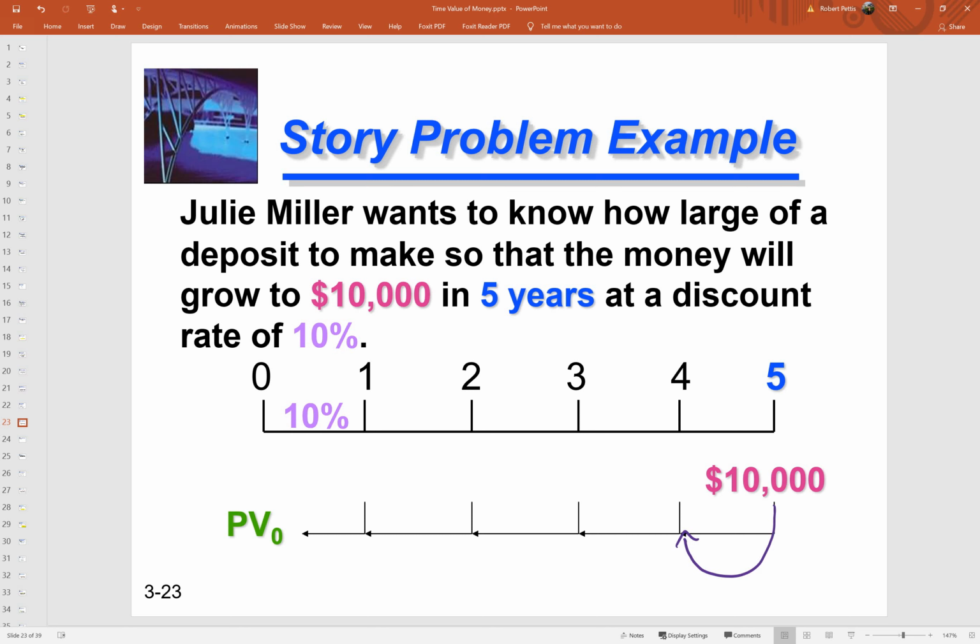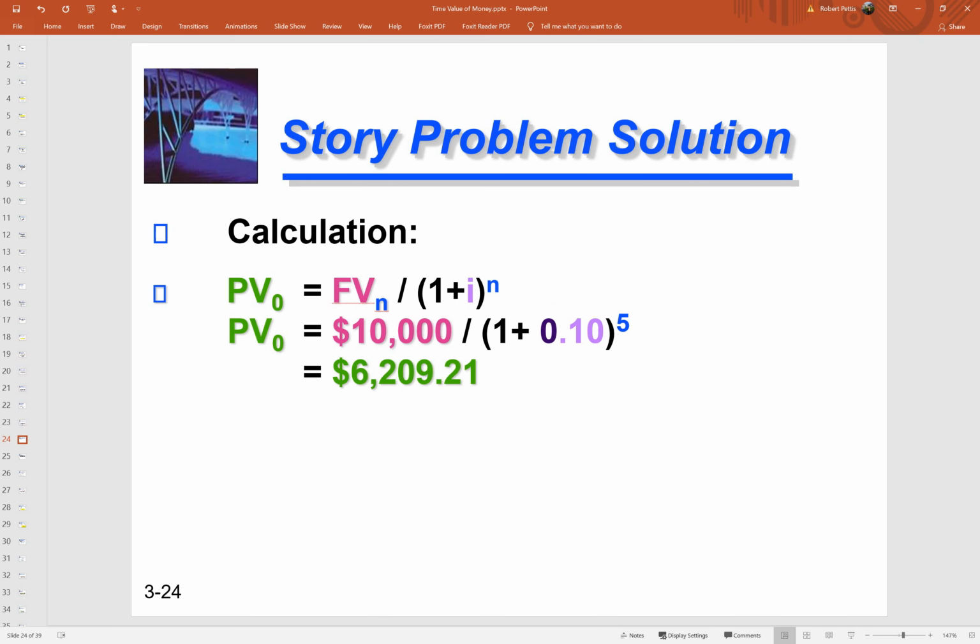We want to discount it back this many times till we get to 0. Okay, so we're just going to take this $10,000 and we're going to divide by 1.1, and we're going 5 years, so we're going to raise it to the 5th power. Okay, all right, so if we do that, we should get $6,209.21.